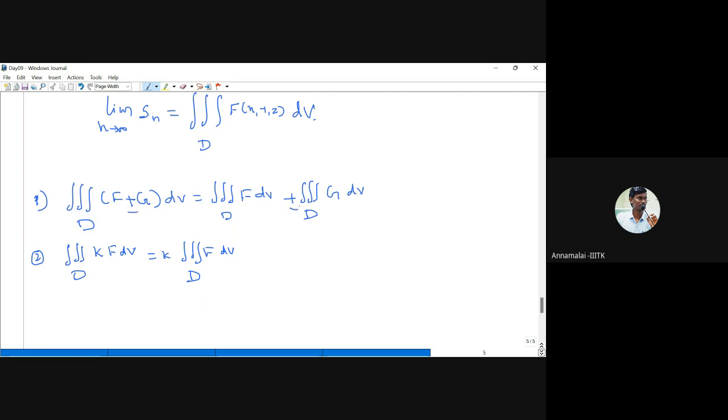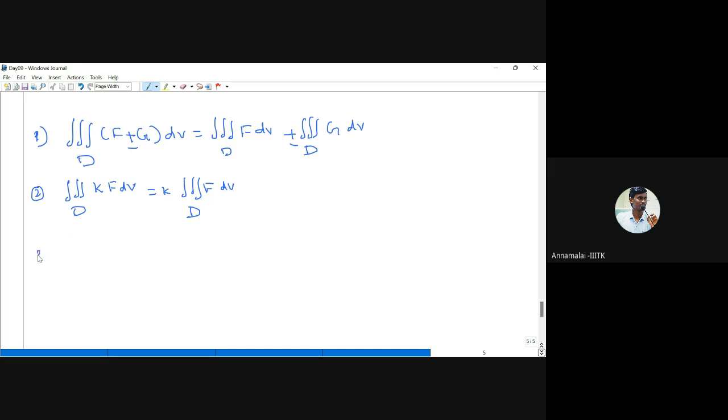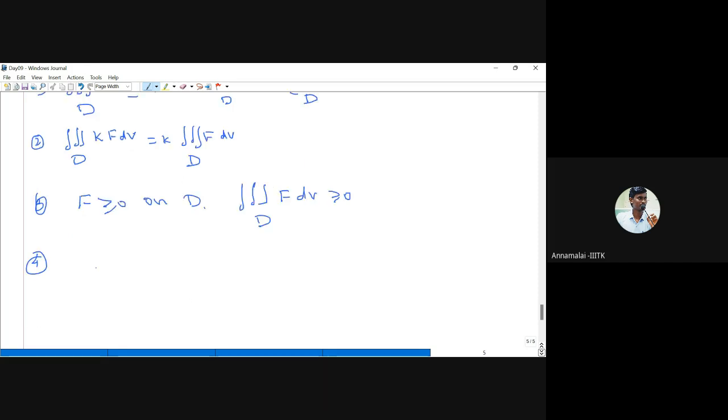Suppose capital F is non-negative on the domain D, then the triple integral is also non-negative over D. And the fourth one: suppose there are two functions f and g, but f is bigger than or equal to g in the domain D, then the triple integral of f dV is greater than or equal to the triple integral of g dV over the same domain.